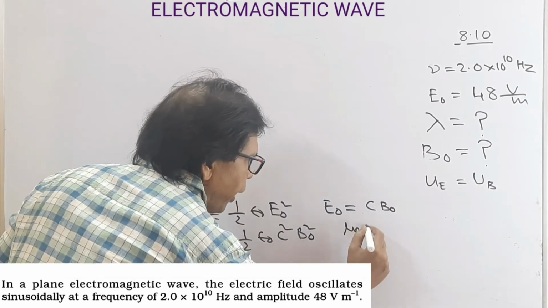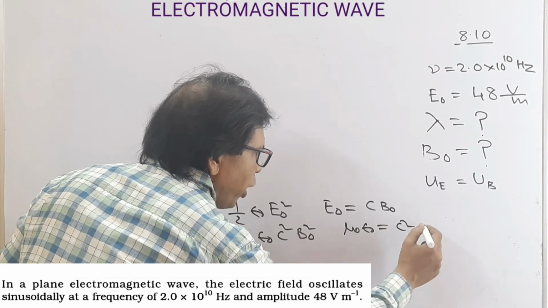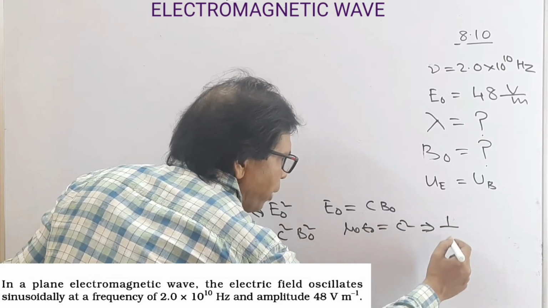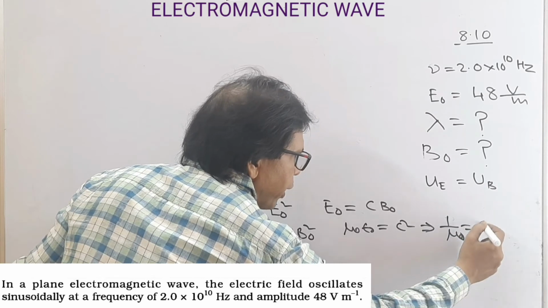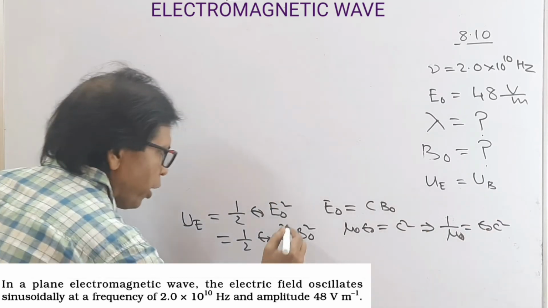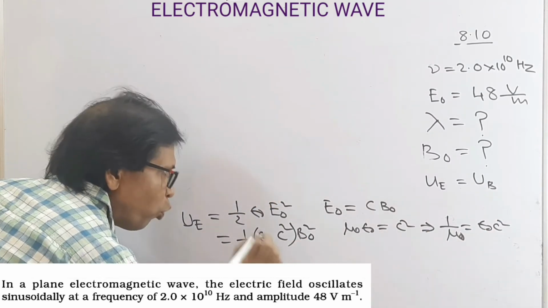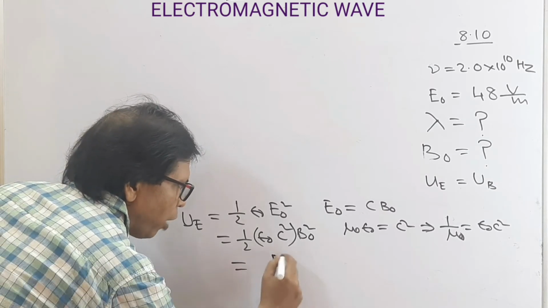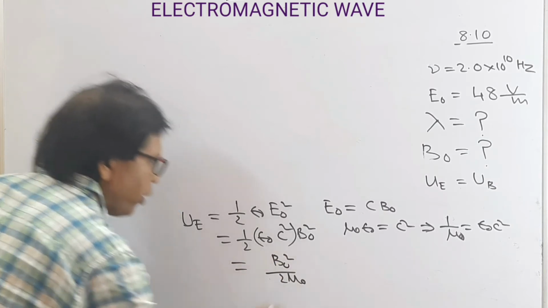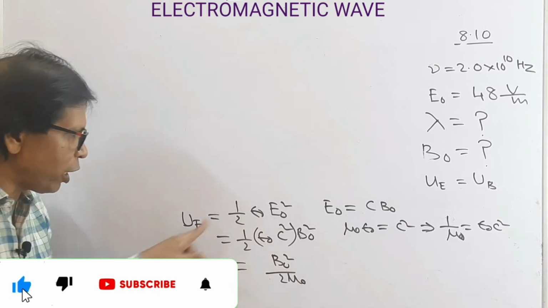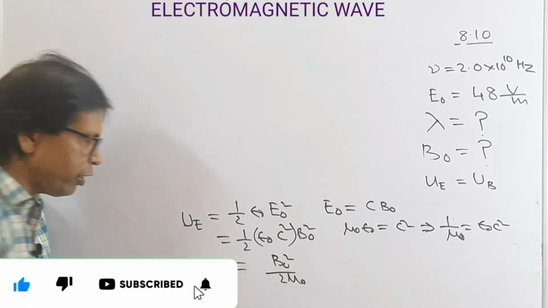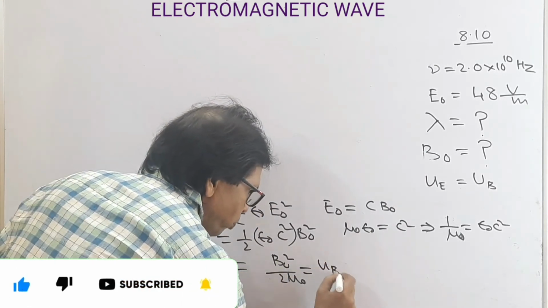Now mu naught epsilon naught equals 1 by c square. Therefore, 1 by mu naught equals epsilon naught c square. So this is B square by 2 mu naught. Therefore the energy density in the electric field is equal to the energy density in the magnetic field.